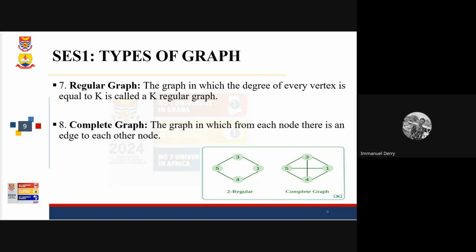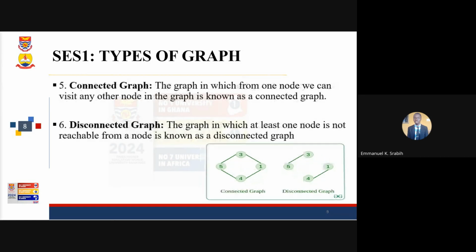How do I differentiate between connected and undirected graphs in case we are being examined on it? As I said, in some instances you are likely to get various types of graph in the same graph.